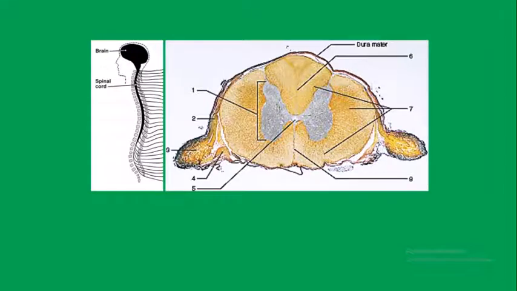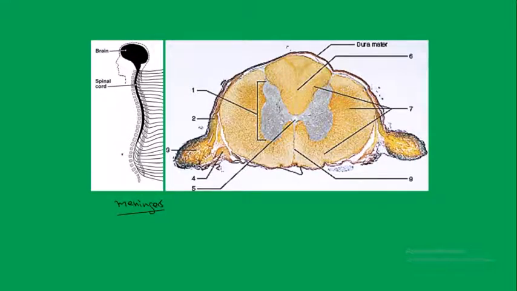All these individual vertebrae, starting from the cervical, thoracic, different regions of the vertebrae, are protecting this spinal cord. It is also covered by the meninges, the same covering that is there for the brain. The cerebrospinal fluid is also present between the meninges in the case of the spinal cord.